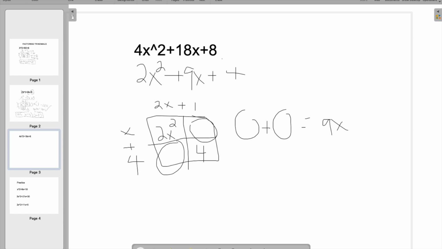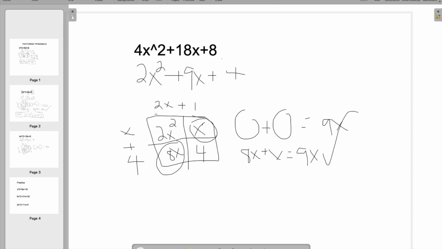We're trying out different factors of 4 and 1. We tried out 4 and 1. And 4 times 2x is 8x. x times 1 is just x. And 8x plus x equals 9x.